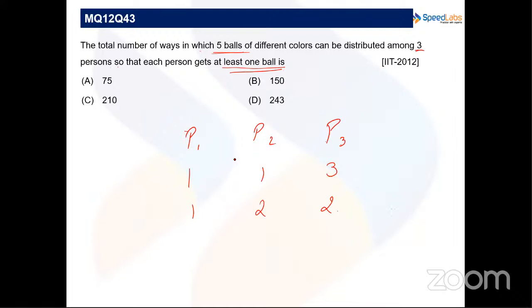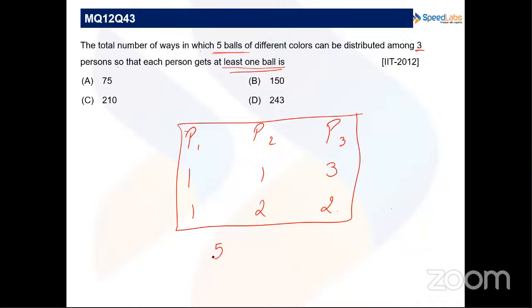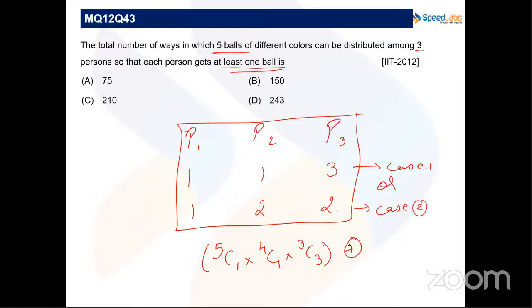So we can find the number of distributions for this case. So for this, 5c1 into 4c1 into 3c3 plus, either this is case 1 or case 2. When we are writing or, then we are putting an addition sign, and this will be 5c1 into 4c2 into 2c2.